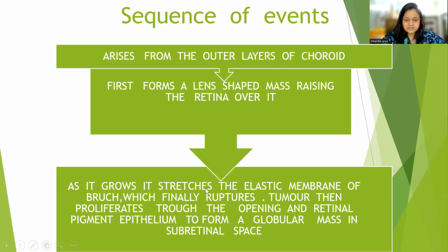As it grows, it stretches the elastic membrane of Bruch, which finally ruptures. There is a layer known as Bruch's membrane, so when the tumor grows, it stretches Bruch's membrane and finally it ruptures. The tumor then proliferates through the opening in the retinal pigment epithelium to form a globular mass in the subretinal space.